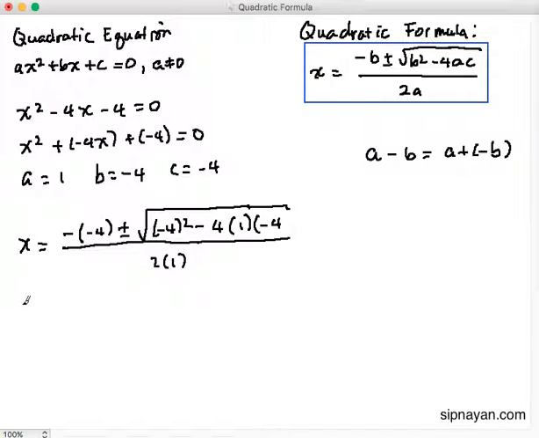Okay, so simplify natin. We have x equals negative of negative 4 is positive 4, plus minus square root of 16, negative 4 squared is 16, and then negative 4 times negative 4. So magiging plus 16, parehong negative, and then over 2 times 1 is 2, right?